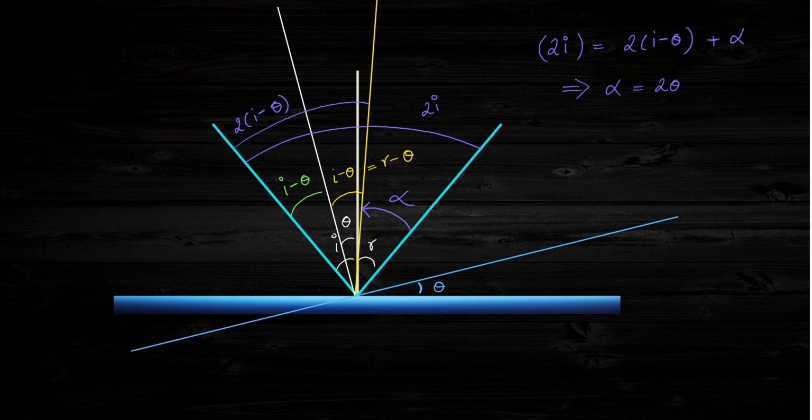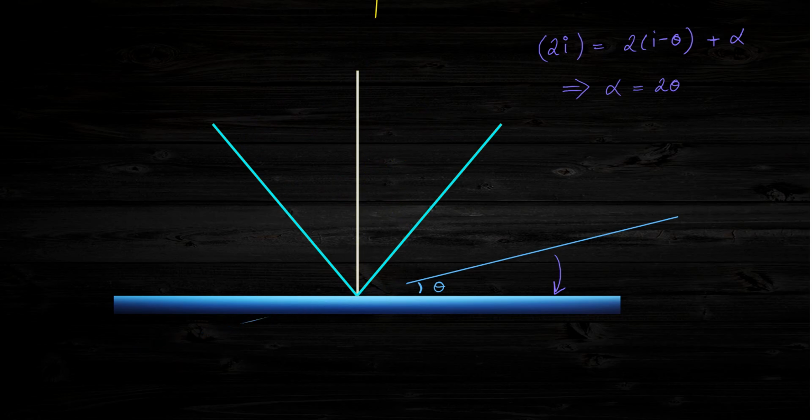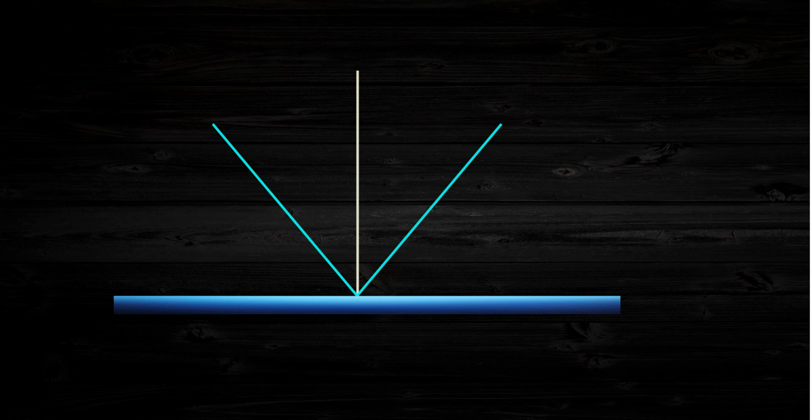Now the same is true even if the mirror were to be rotated in the clockwise sense rather than the anti-clockwise sense. Let's examine that particular possibility. So this is our original diagram. Now let's try to rotate the mirror in the clockwise sense.